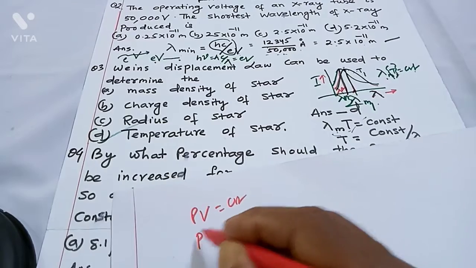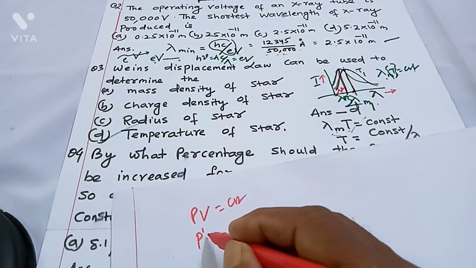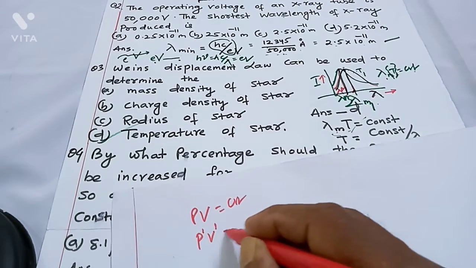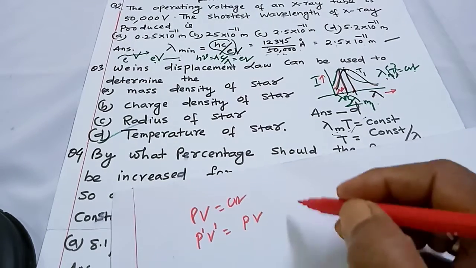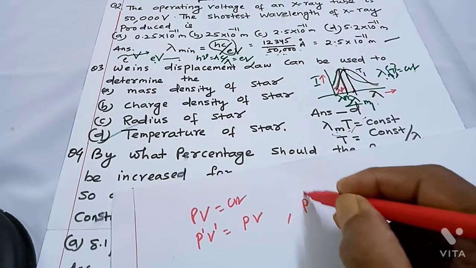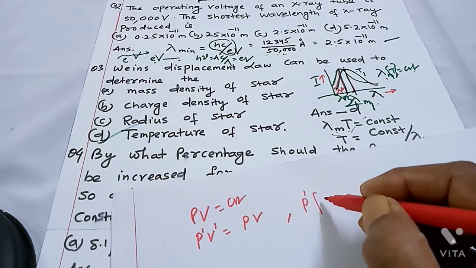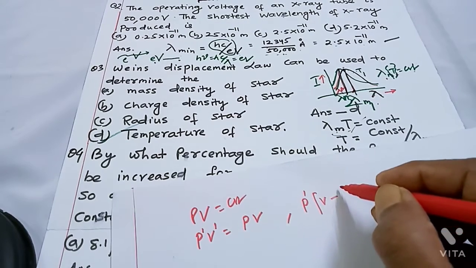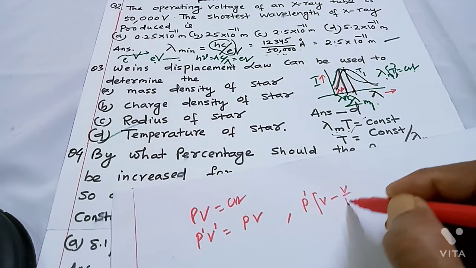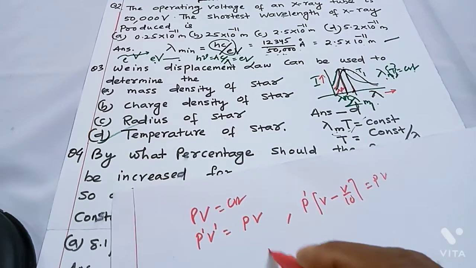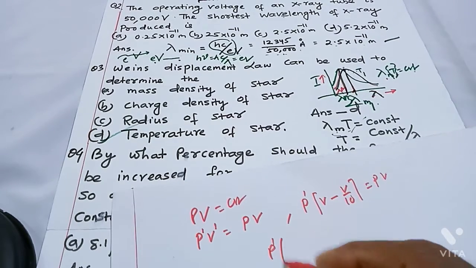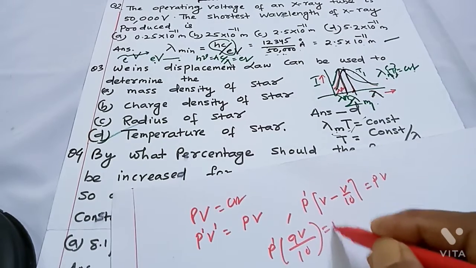Now, let the final pressure be P dash, final volume be V dash, initial pressure be P, volume be V. Since the volume decreases by 10%, V dash becomes V minus V by 10, so P dash times 9V by 10 equals PV.